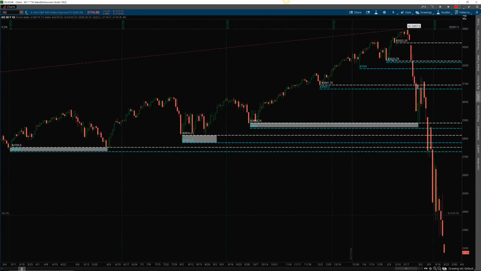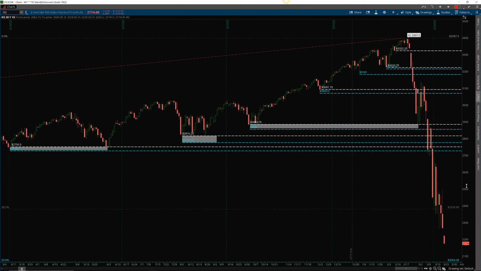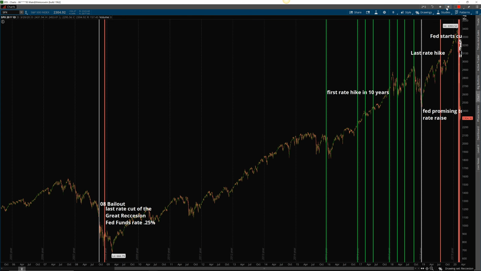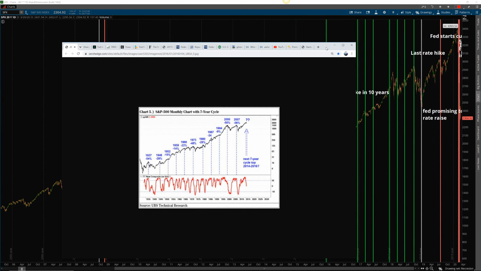Now, we potentially have a long way down to go still. I don't mean to scare anybody, but these are just things you need to understand. I am now going to move on to a historical chart related to the policies of the federal government through Congress, the acts and bills they have passed, and then we're going to talk about the way the Federal Reserve Bank actually does interest rate cycles.